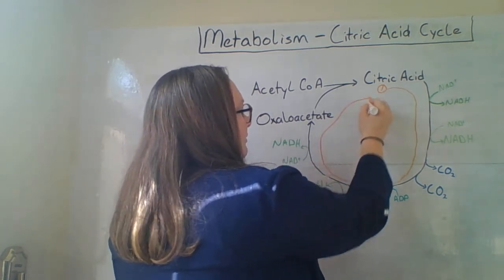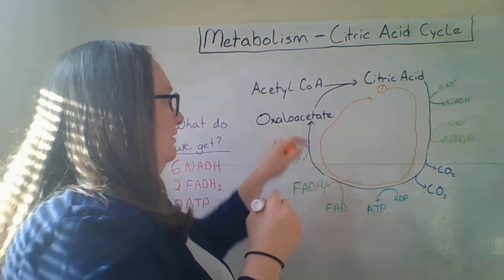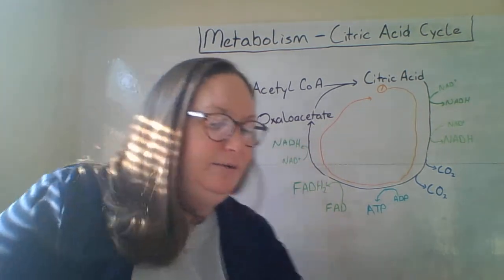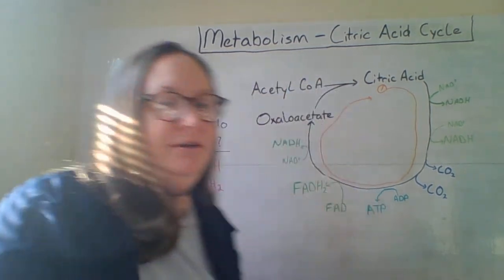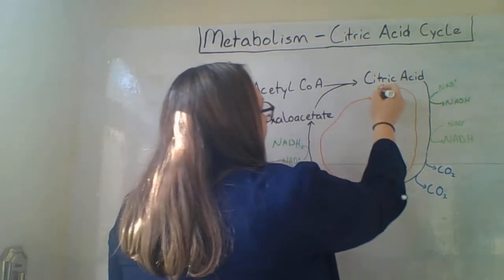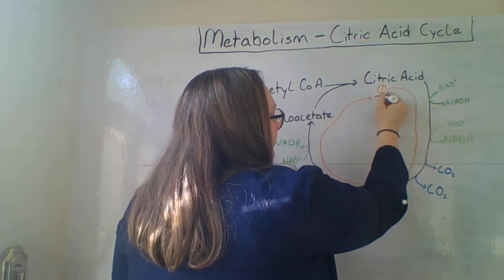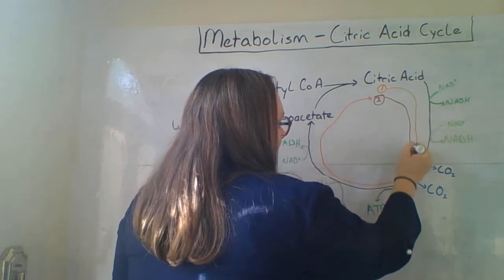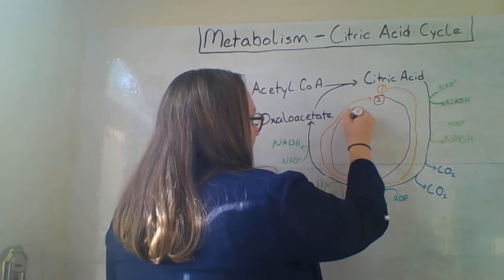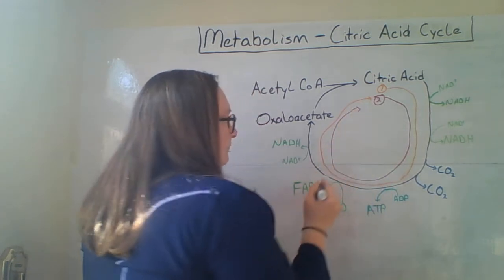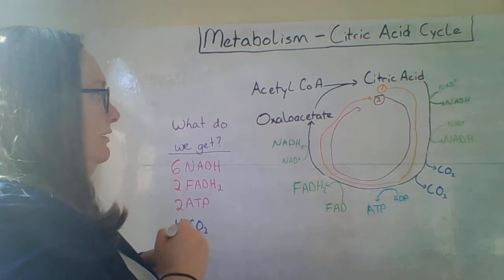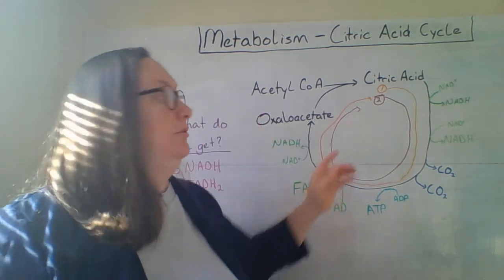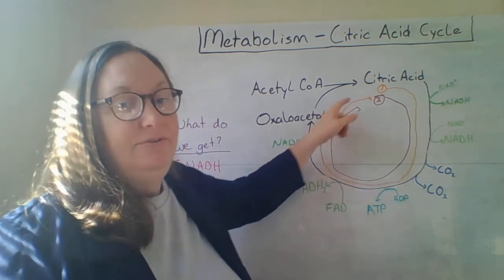And we're coming around, and look what we make along the way. Oxaloacetate. And that can combine, let me get another color, right there with acetyl-CoA. And we go around again. Alright. So to figure out how much you make per glucose molecule, you actually have to go around twice.